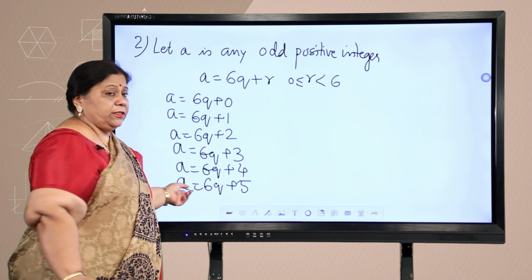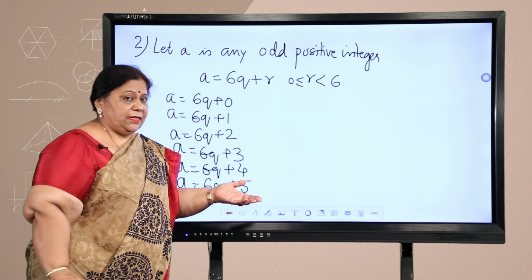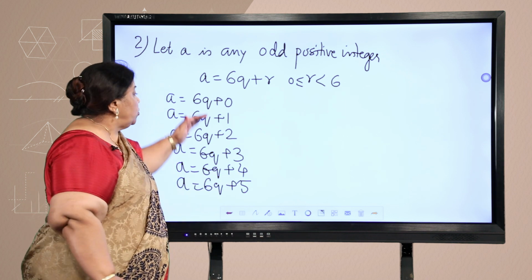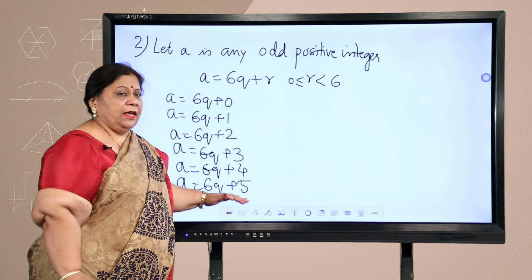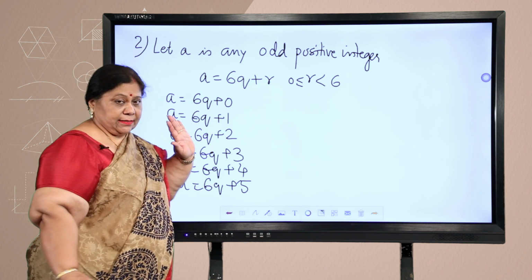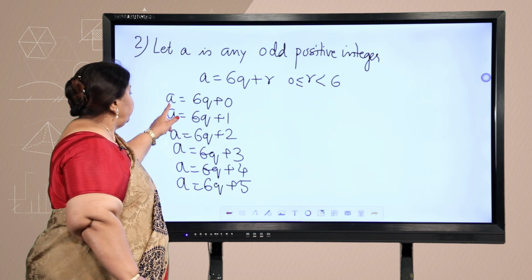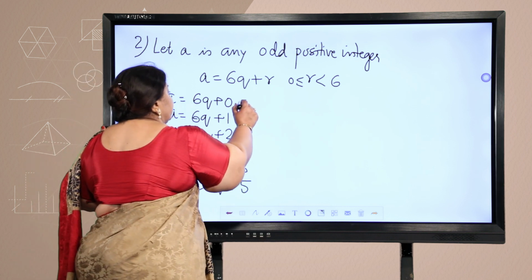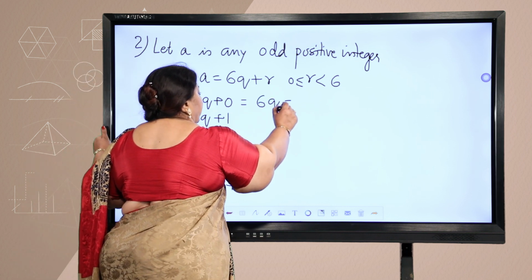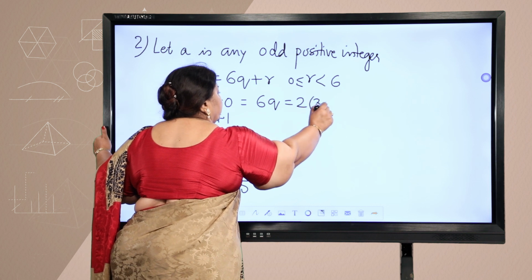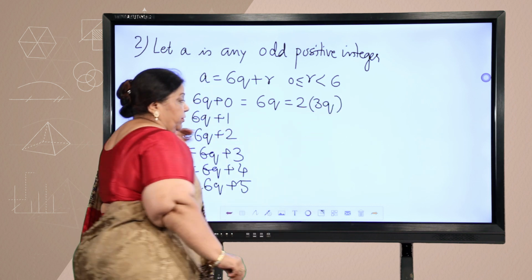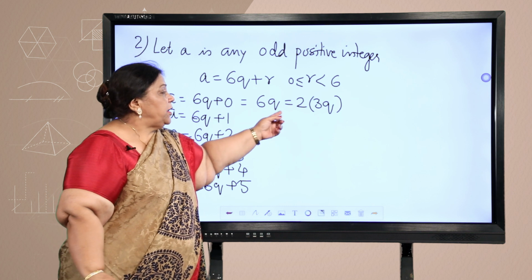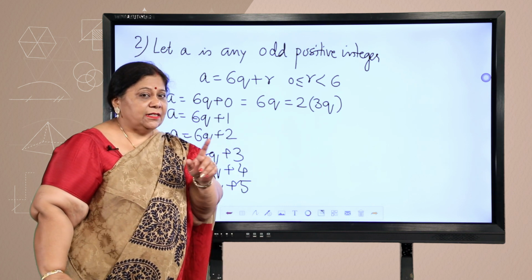I cannot take A is equal to 6q plus 6, obviously it will be divisible by 6. So, these are the possible cases when I divide by 6. Let us look into the first case, A is equal to 6q plus 0. It is obviously 6q, which I can write down as 2 into 3q, which justifies that it is a multiple of 2. So, it is even.